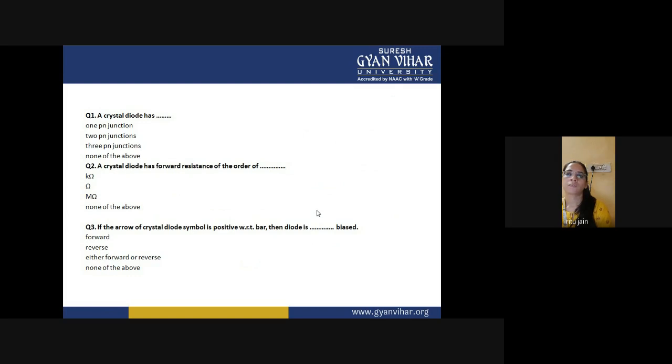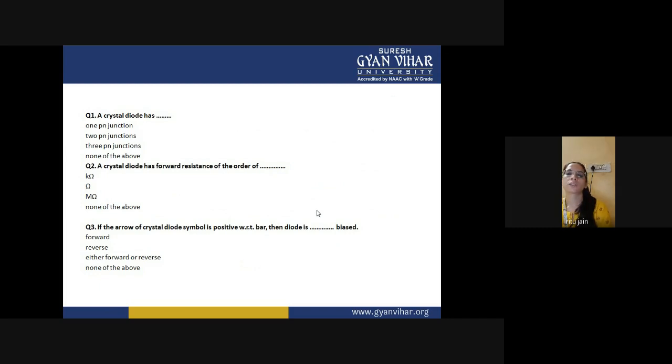And the second thing is that the diode will be forward biased when the anode is positive with respect to the cathode, and in that case the current will flow through the diode. But when the anode is negative with respect to the cathode, the current will not flow through the diode. So the diode will be in reverse biasing. In the case of reverse biasing, some very small current will flow, which is called leakage current.